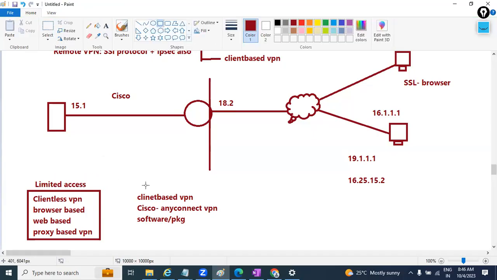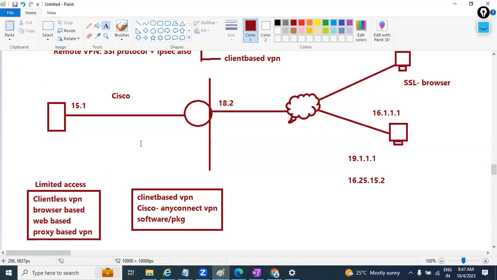But let's consider you are a person who's working in LinkedIn or Instagram, and you have to make some changes on that particular server with the help of command line, CLI. Do you think the browser is going to help you? No. We need software like PuTTY, Telnet, SSH and all.